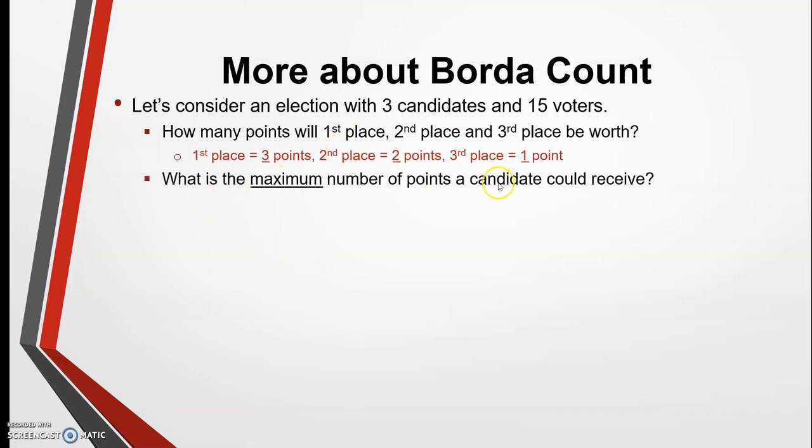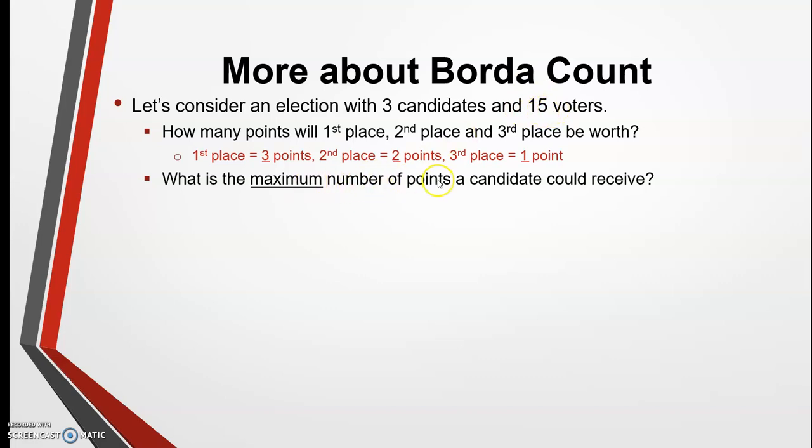So what is the maximum number of points a candidate could receive? Well, if a candidate received all first place votes, they would get 3 points per first place vote. And how many possible first place votes could they get? Well, if there are 15 voters, they could get 15 first place votes.